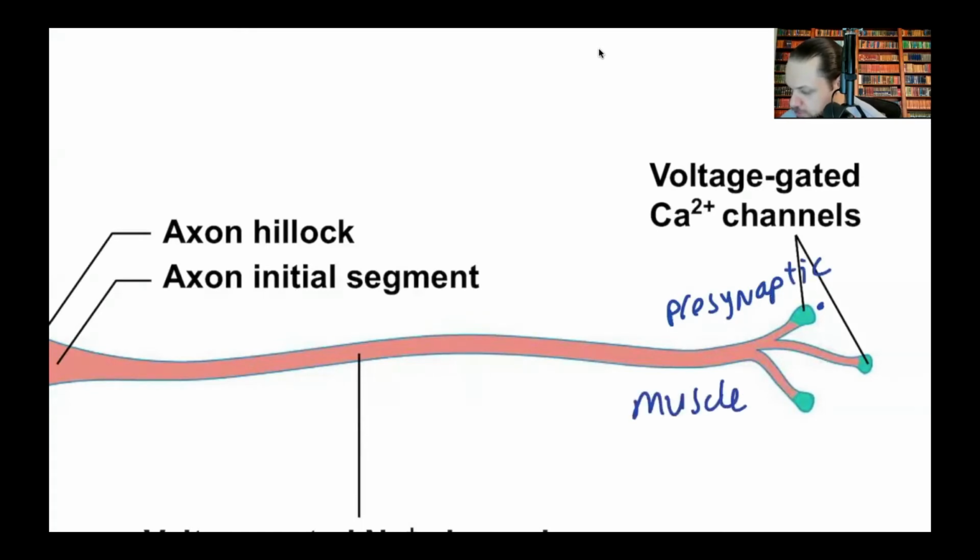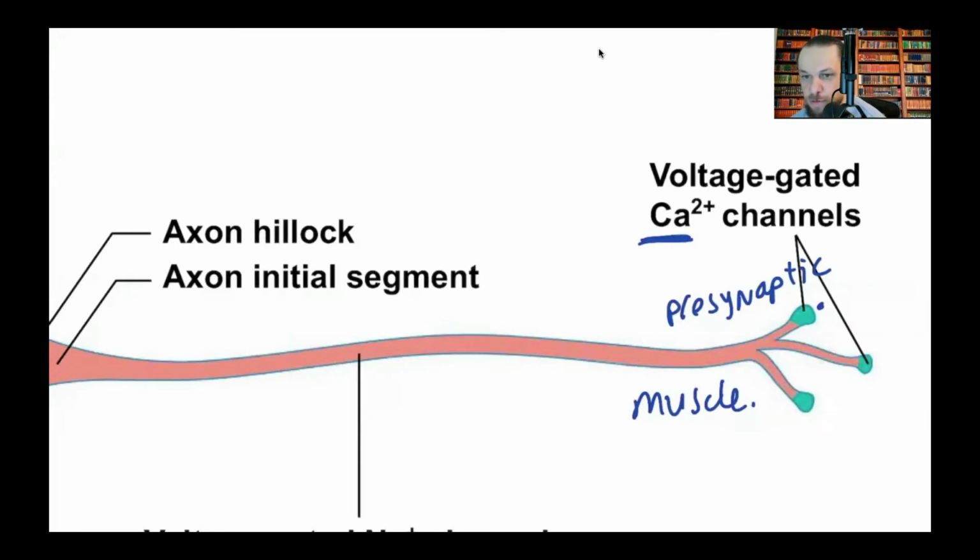Anyone recall? The voltage gated calcium channels on the presynaptic muscle call the vesicles that are filled with acetylcholine to come and bond on the surface. So it was calcium mediated exocytosis of acetylcholine. Calcium on the presynaptic cells was responsible for release of acetylcholine.